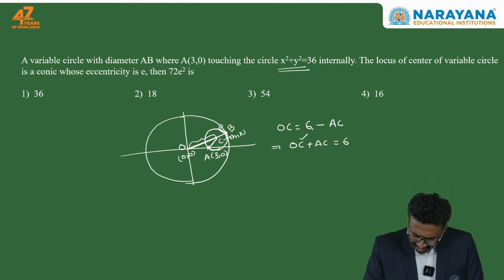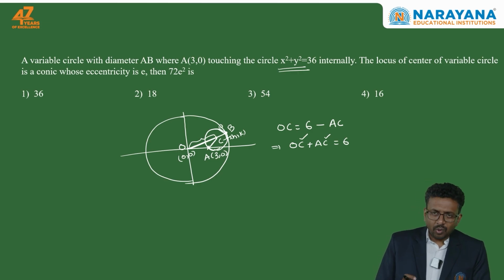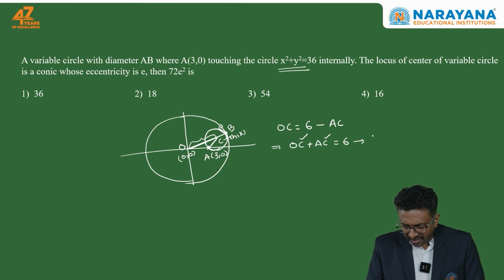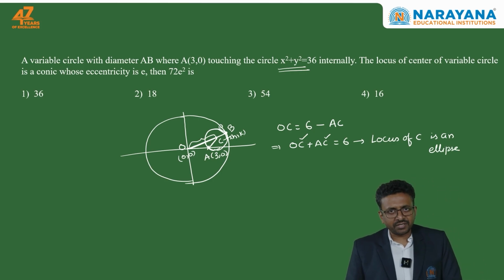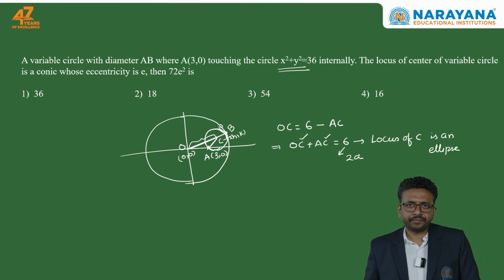That means C is the center of the circle, and the sum of distances of C from O and A is equal to 6. This clearly shows that the locus of C is an ellipse, because SP + S'P is equal to a constant. We know that this constant is nothing but 2a.